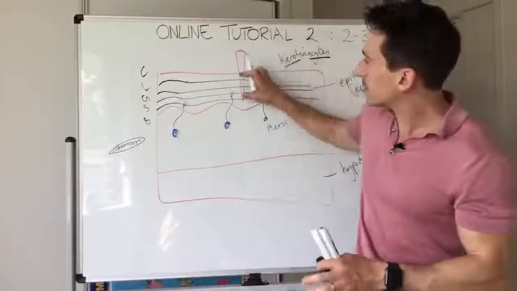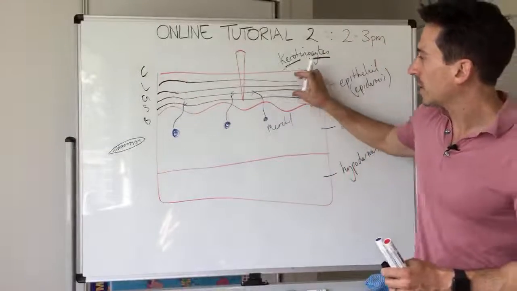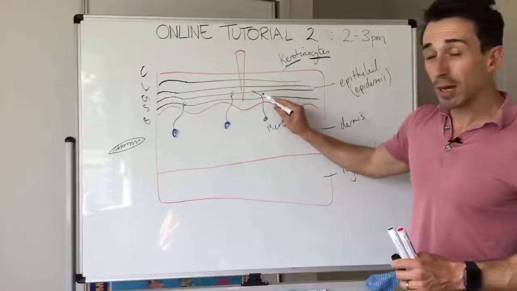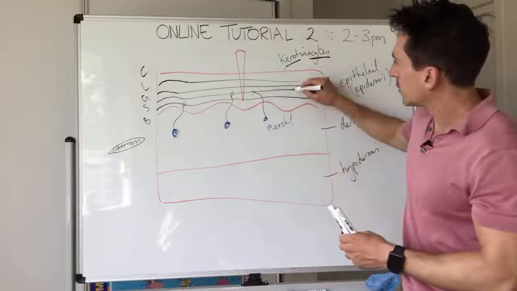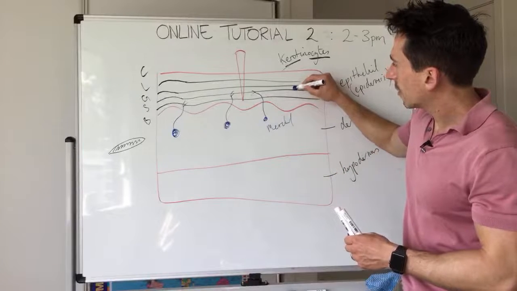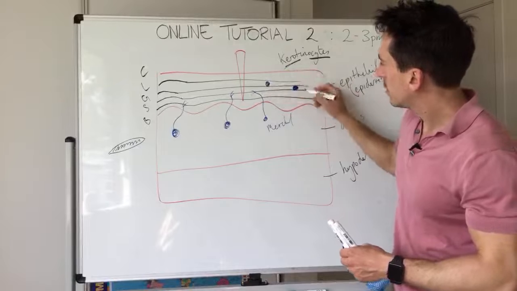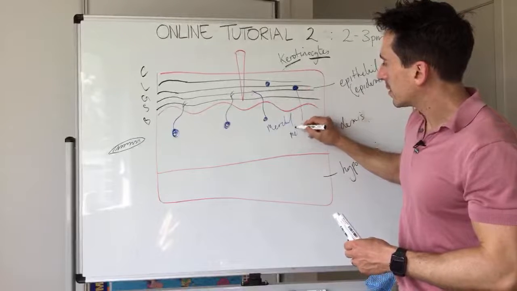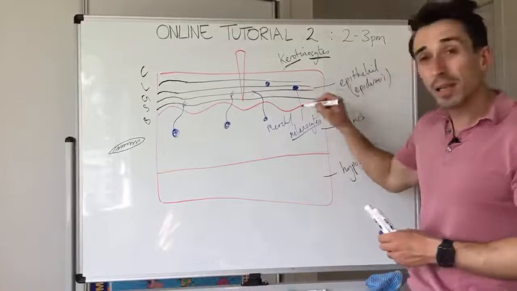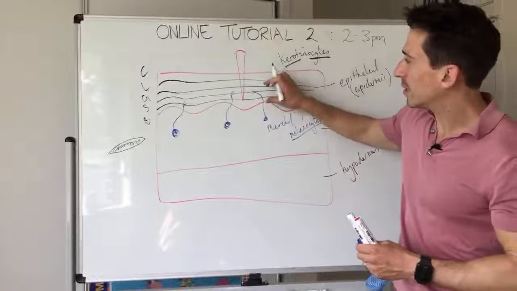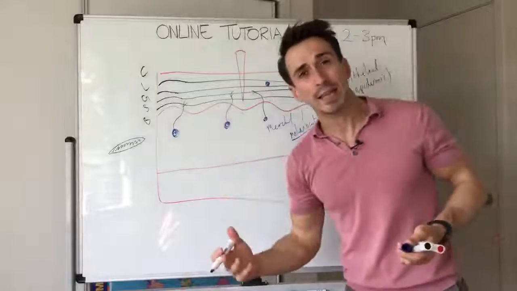Now, what are the different cells that we've got in the epidermal layer? Merkel cells projecting up. We've got cells in here called melanocytes. These melanocytes release melanin that protect these cells from UV damage and causing skin cancer, right?